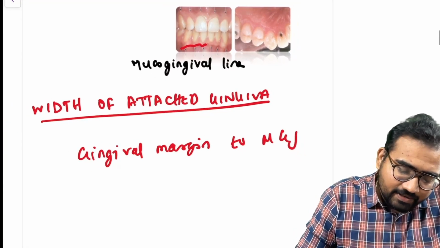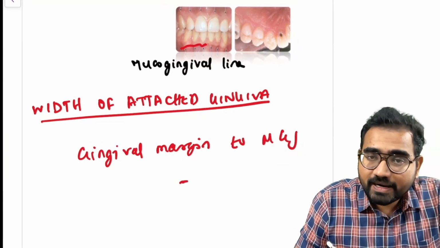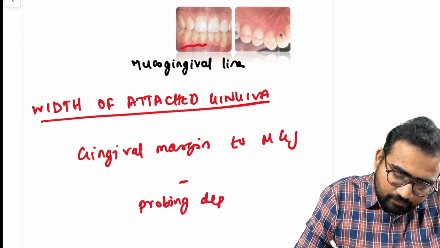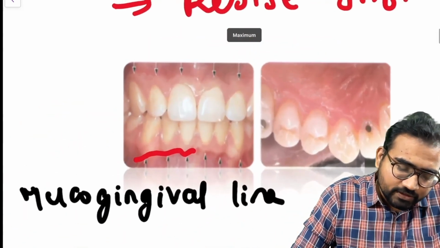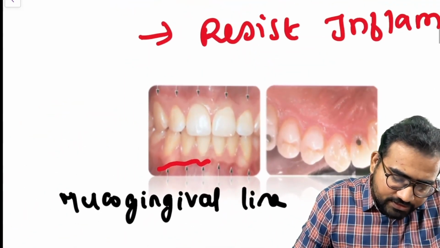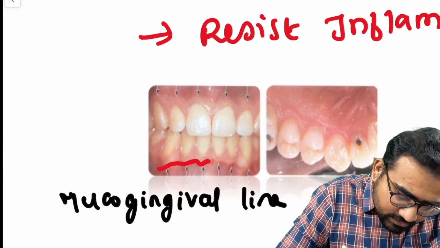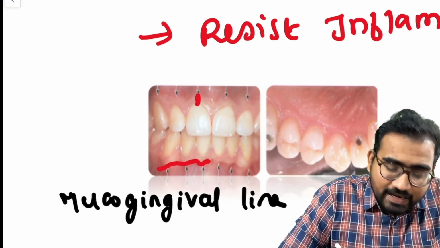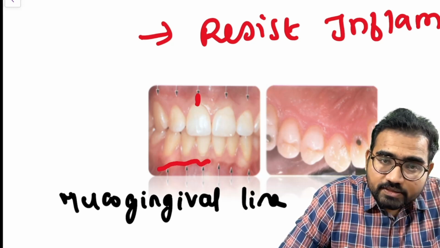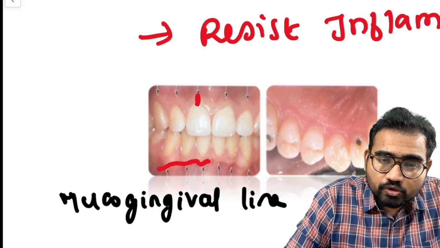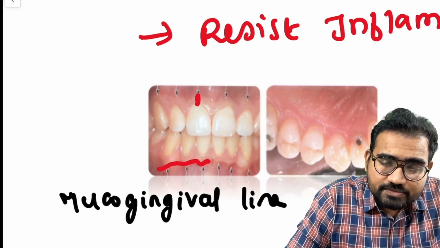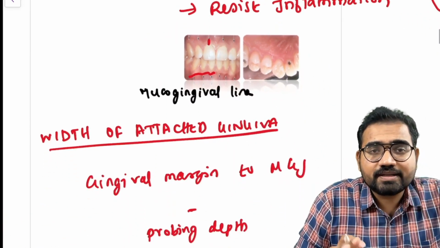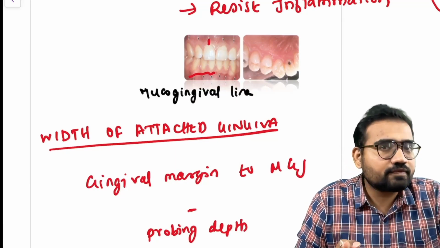And with this I'm going to subtract the probing depth. So I'm measuring the distance from the gingival margin to the mucogingival junction, and I'm going to insert the probe into the sulcus, do the probing depth measurement, and subtract it from this value. That gives me the width of attached gingiva. Very simple way to measure the width of attached gingiva.